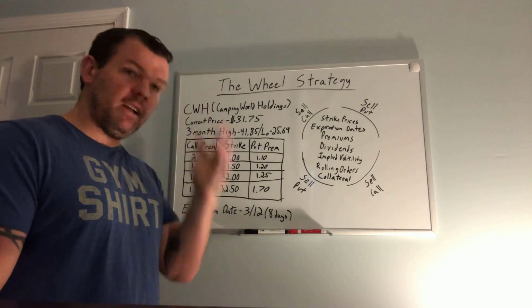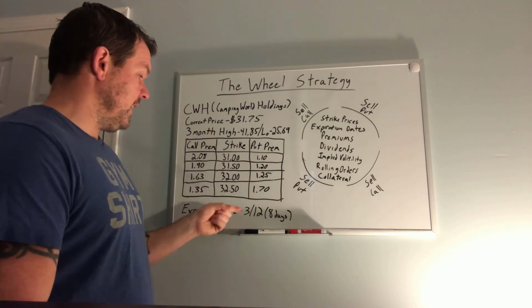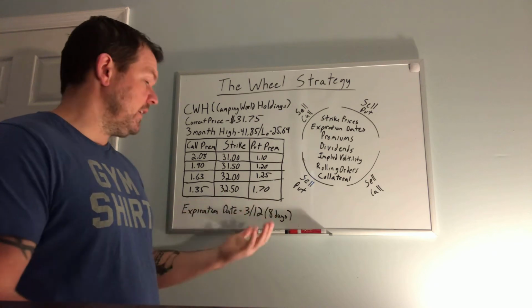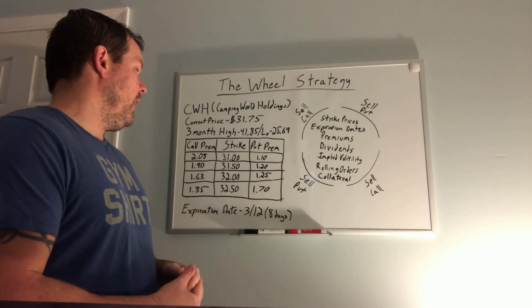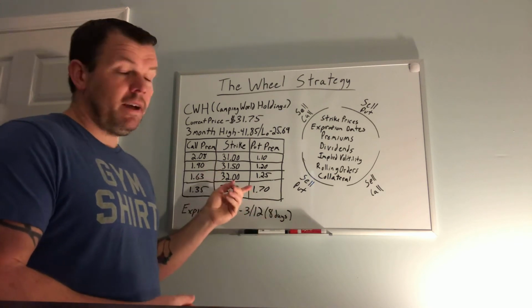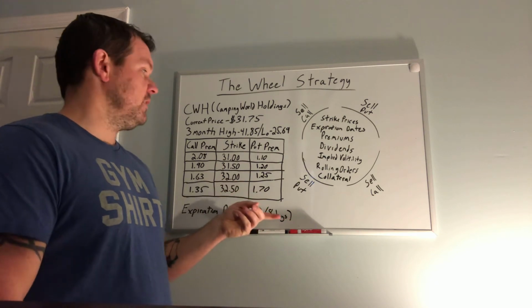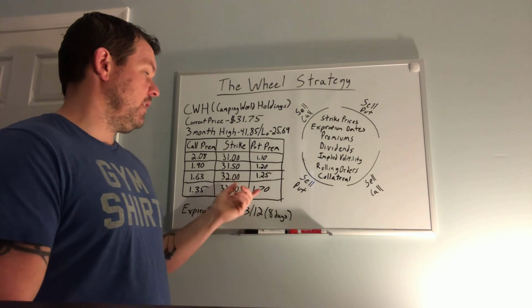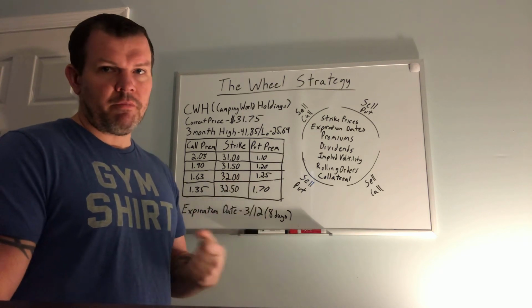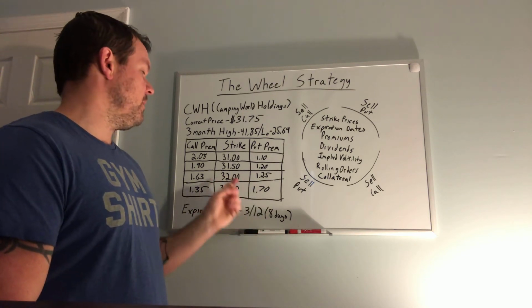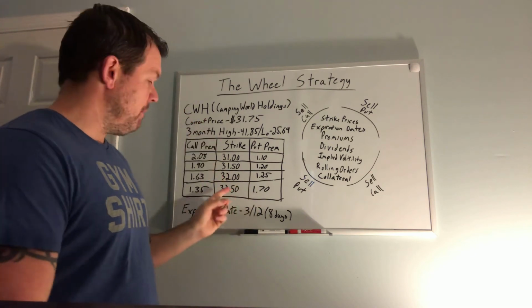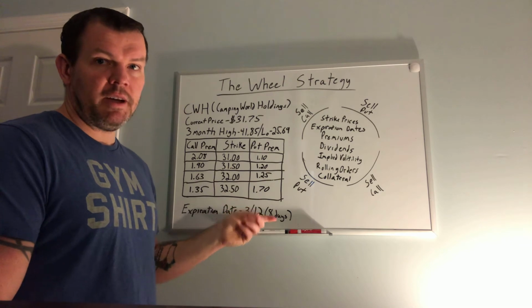So I'm going to sell a put with an expiration date of March 12th, which, as of today, is 8 days away. And they'll pay me $1.70 per share. Keep in mind, each contract is 100 shares. So you'll get $170 up front for committing to buying Camping World at $32.50 by this date, 8 days away.